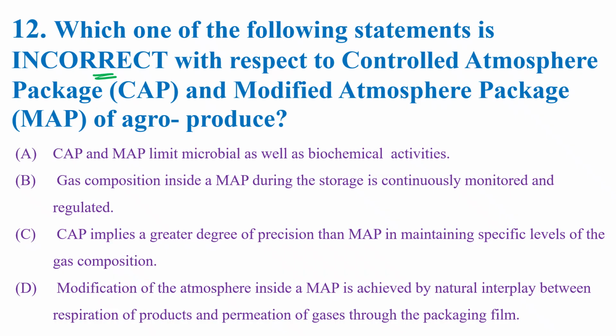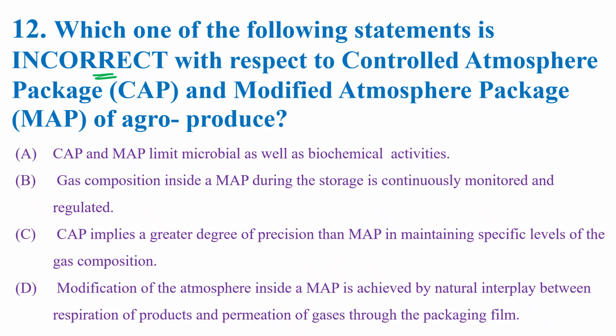CAP implies a greater degree of precision than MAP in maintaining specific levels of gas composition. Modification of the atmosphere inside a MAP is achieved by natural interplay between the respiration of products and permeation of gases through the packaging film.